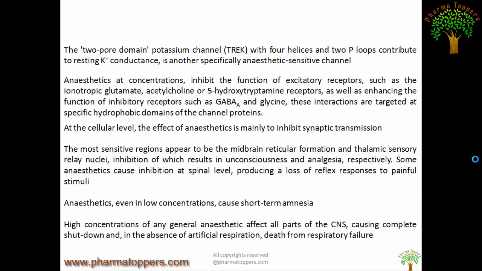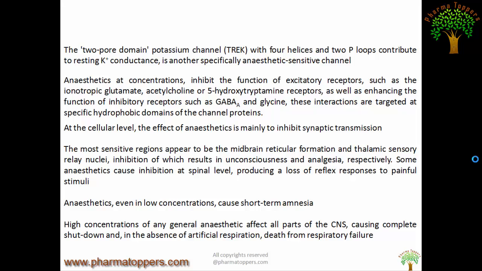The potassium channel involved is TREK, a two-pore domain channel with 4 helices and 2 P loops, which shows outward rectification and strong repolarization, thus contributing to the resting potassium conductance. It is found to be an anesthetic-sensitive channel, activated and thus reducing the membrane excitability by low concentrations of the volatile anesthetics.